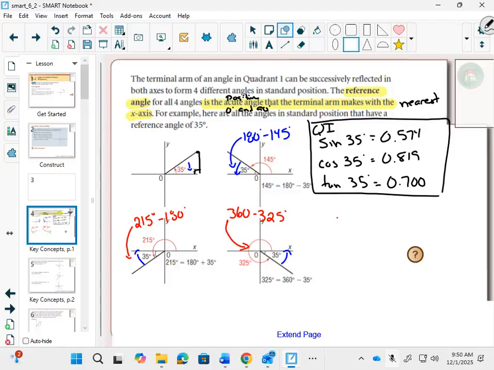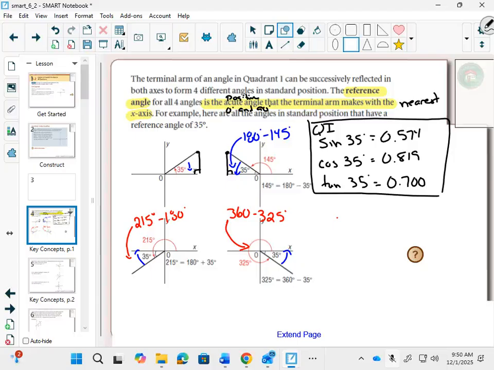Okay? Now, in quadrant 2, I could take any dot on the terminal arm and I could go straight down to my nearest x-axis. In fact, if I picked that dot so that the hypotenuse was exactly the same, it kind of looks like I almost made it exactly the same as the first one, would you agree this is exactly the same triangle as the one in quadrant 1?